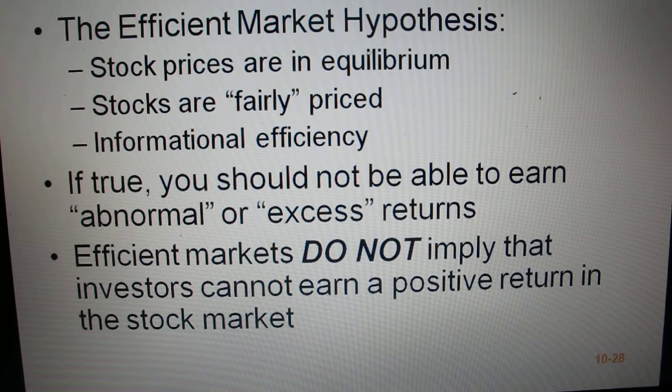That's the thought of efficient capital markets and the efficient market hypothesis. In a sense, stocks are fairly priced and everything is informationally efficient. So if this is true, you should not be able to earn abnormal or excess returns. And efficient markets do not imply that investors cannot earn a positive return in the stock market.